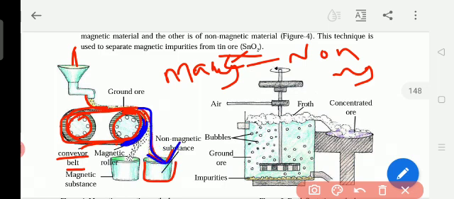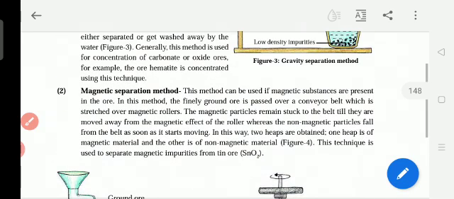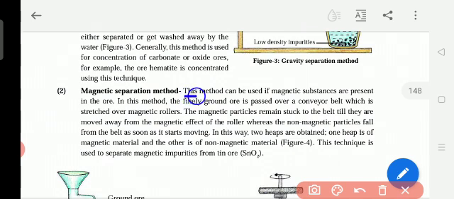When the wheels roll, the magnetic materials fall in another tub. This is the way they separate the impurities. This method can be used if magnetic substances are present in the ore. So in this ore a magnetic substance is present, so we use the magnetic separation method.